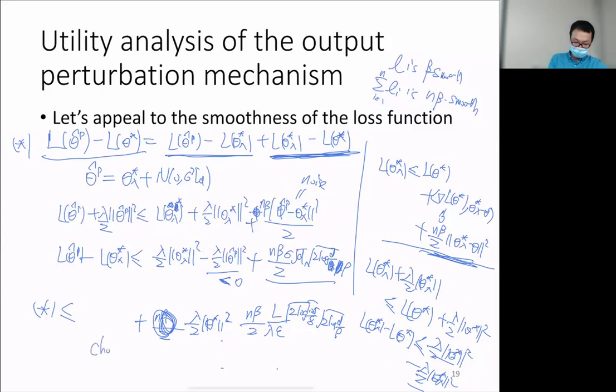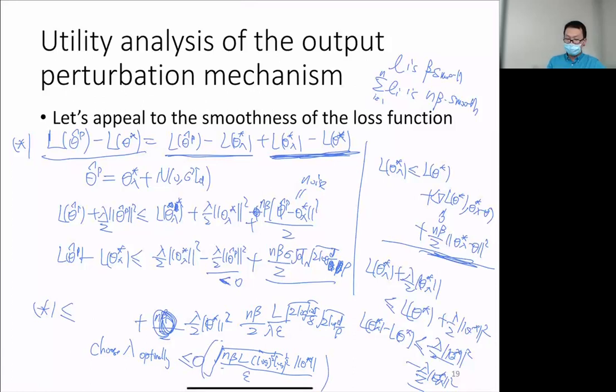So by choosing lambda optimally, the final expression that we get is square root of n beta L, and I guess both log terms to the 1/2 in the square root, multiplied with theta star and over epsilon, something like that.